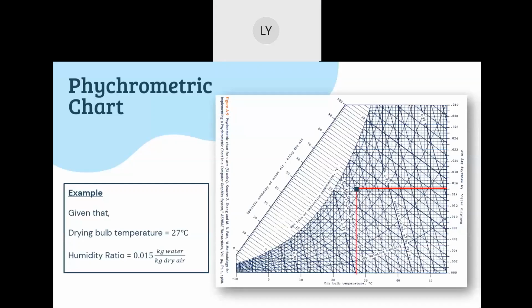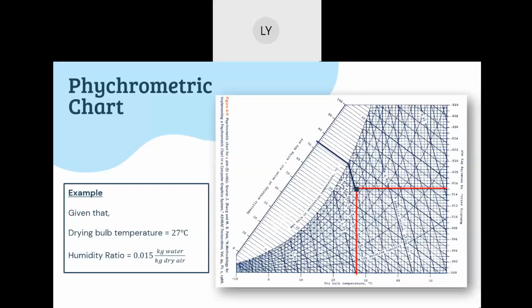We can see the humidity ratio is about 0.015, right? So we draw a red line, and then we draw a vertical line from 27 degrees Celsius, and we will get a point at their intersection.